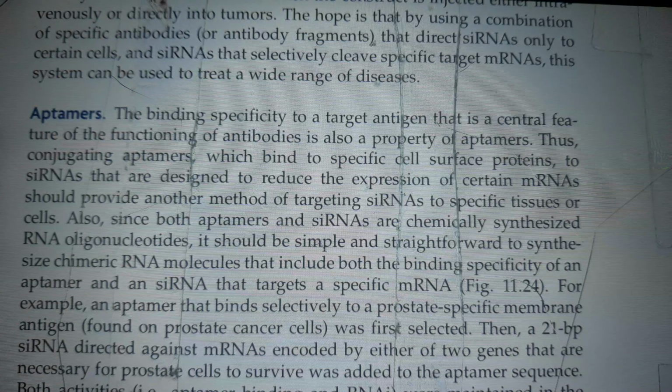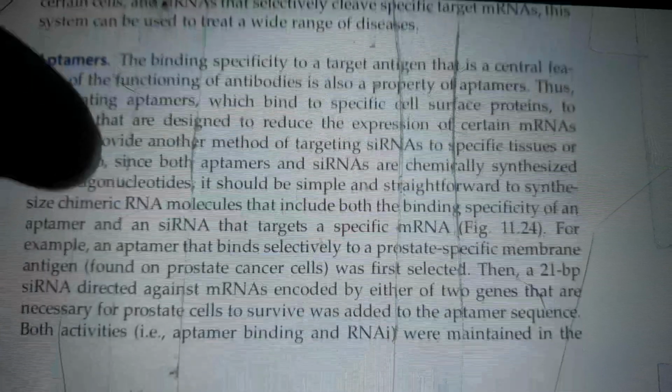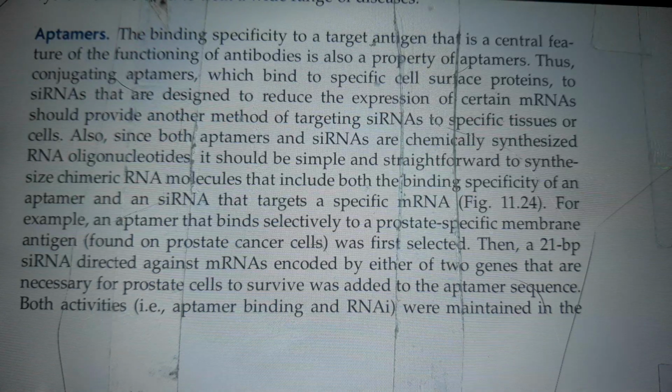The hope is that by using a combination of specific antibodies or antibody fragments that direct siRNAs only to certain cells and siRNAs that selectively cleave specific target mRNAs, the system can be used to treat a wide range of diseases. Aptamers. The binding specificity to a target antigen that is a central feature of the functioning of antibodies is also a property of aptamers.